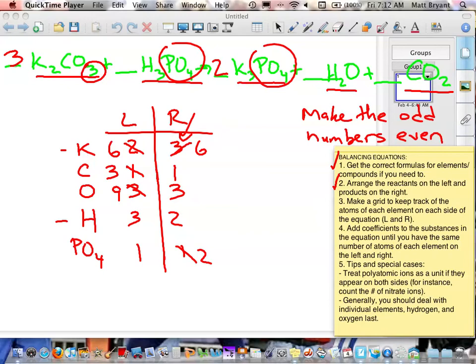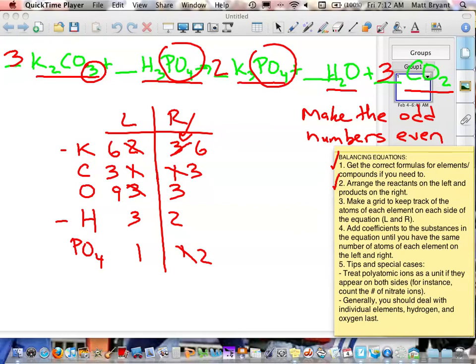So in the case of carbon, we have 3 carbons on the left, and we have just 1 on the right. But luckily, we have only 1 compound that has carbon in it, just carbon dioxide. So I'm going to make this easy, and we're just going to add a coefficient of 3 in front of CO2. Bam.